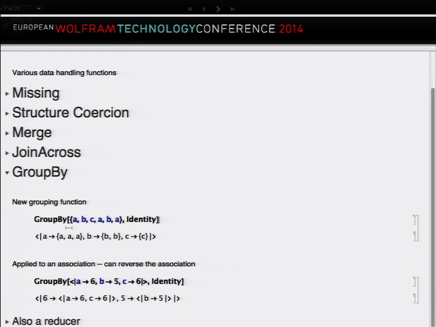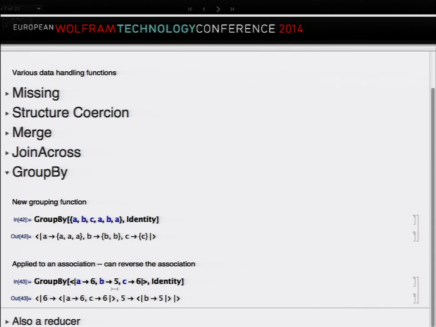Here I'm just applying GroupBy to a list, and I'm saying group by the identity. GroupBy returns an association. This is showing that for each element in the list, it's applying this function to group all the elements that have the same value of that function. And here's another one.